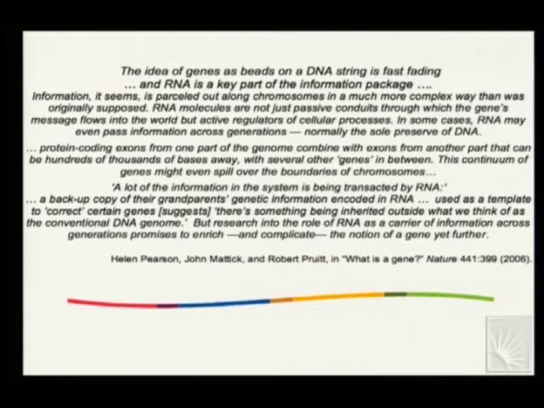So the idea of genes as the beads of DNA on a string providing all of the genetic information that's passed on across generations is really now considered a very traditional one. And I like this essay. I refer students to it, What is a Gene? It raises a lot of tantalizing questions.